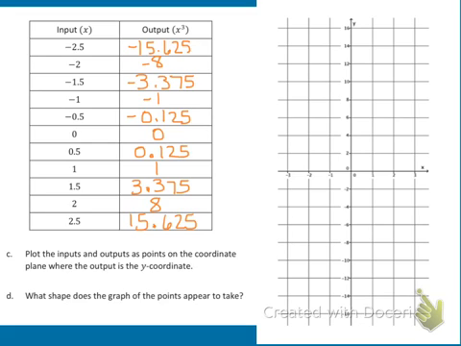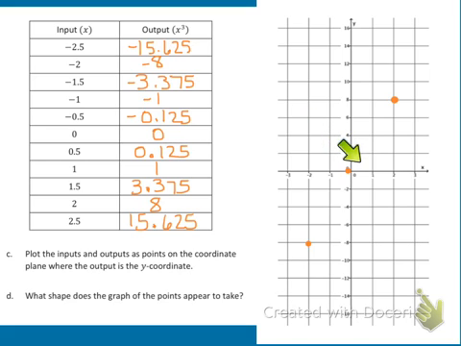Okay, so we're just going to roughly plot some of these points. We can't be super accurate, but we can start with 0, 0. 0 cubed is 0. And then let's do 2. Positive 2 gives us 8. Negative 2 gives us negative 8.